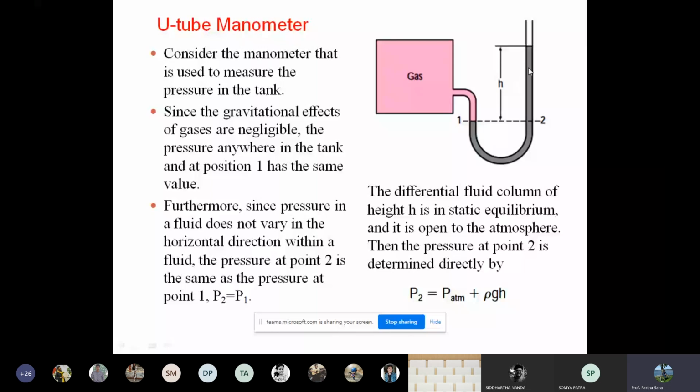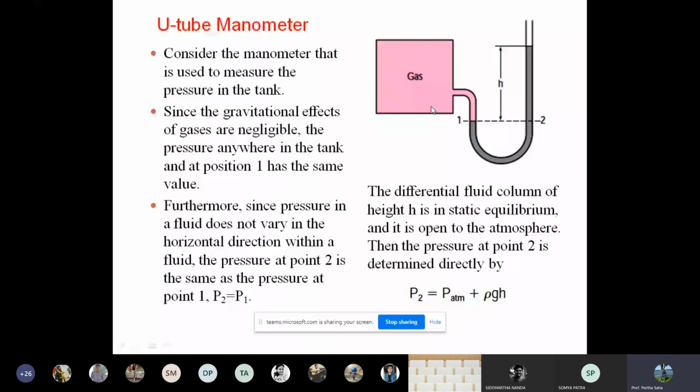If the pressure at this position is atmospheric pressure, for the elevation, the total increase will be rho gh. Due to hydrostatic equilibrium, pressure at 1 and 2 will be equal, since this manometer is placed horizontal to the ground. So the pressure at 2 or pressure at 1 will be equal to P atmospheric plus rho gh.